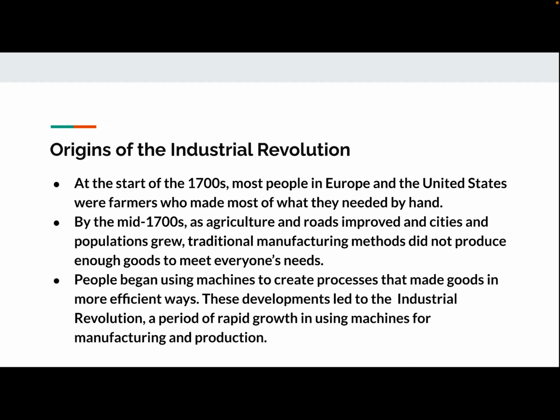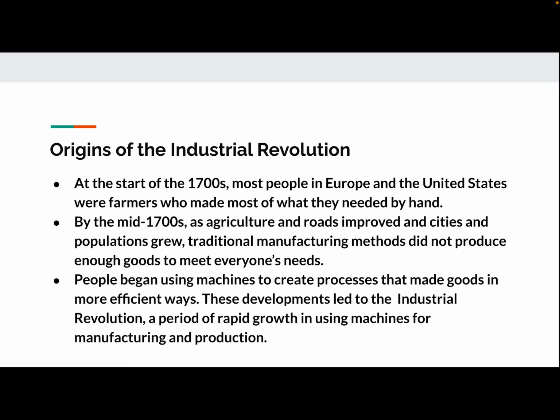These developments then led to the Industrial Revolution, which is a period of rapid growth using machines for manufacturing and production.